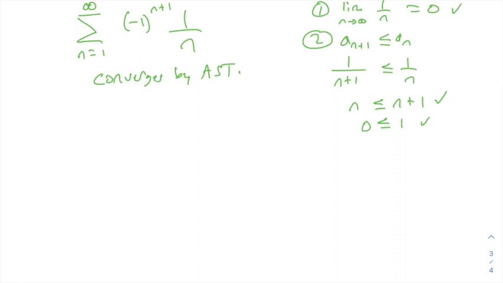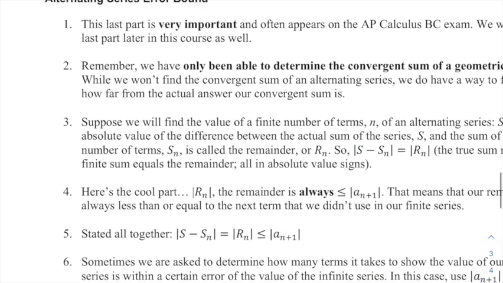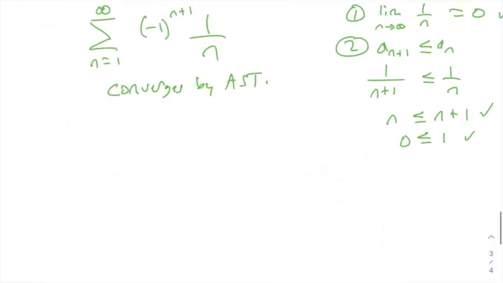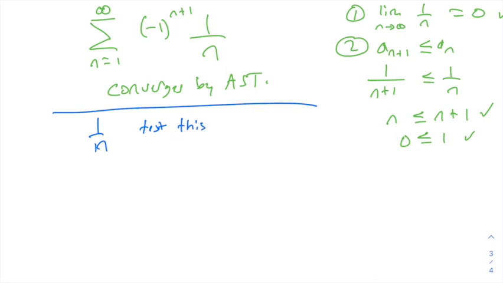But the instructions will usually not just ask for convergence. It'll usually ask, does it conditionally converge or absolutely converge? So now what we want to do is take the non-alternating piece and test this. So here we go. I see that this is a harmonic p-series, right?